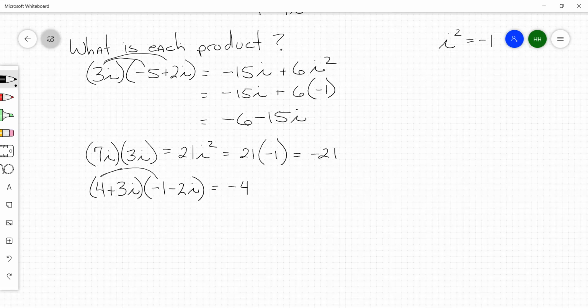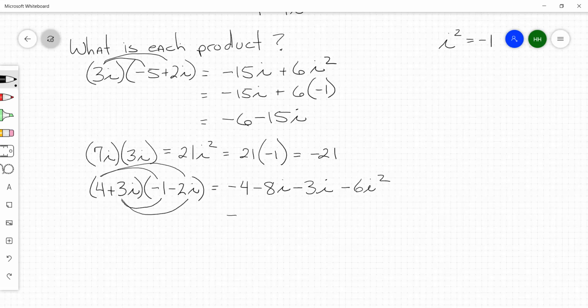And then you've got your 4 times your -2i, which is -8i. And then a 3i times a 1, which is 3i. And a 3i times a -2i would be -6i squared.